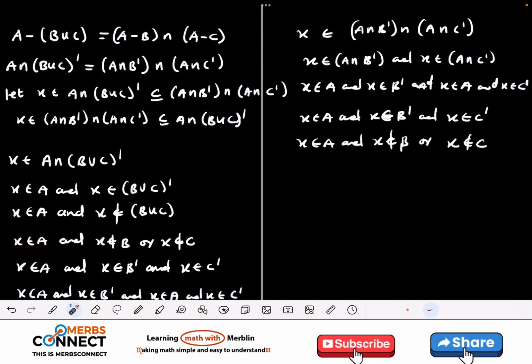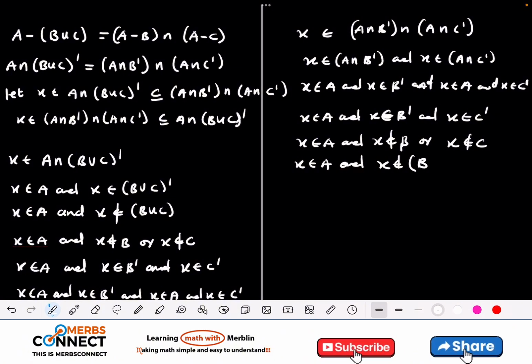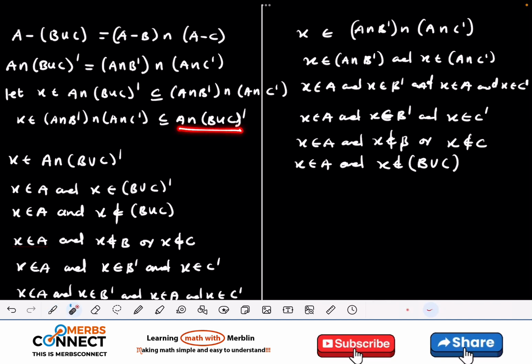Good. So we write again, X belongs to A, and so X is not a member, X is not a member of. So we are going to have X is not a member, then in the bracket, you're going to have B, we change the OR to union, C, right? Then, even if you are not looking at here, you can see that I can factor A out, but this and this are not the same.